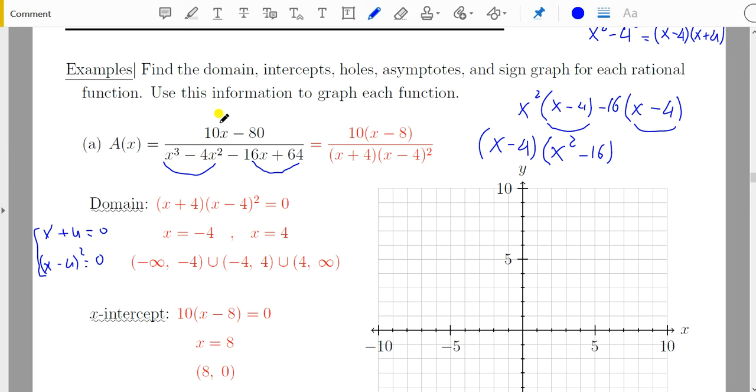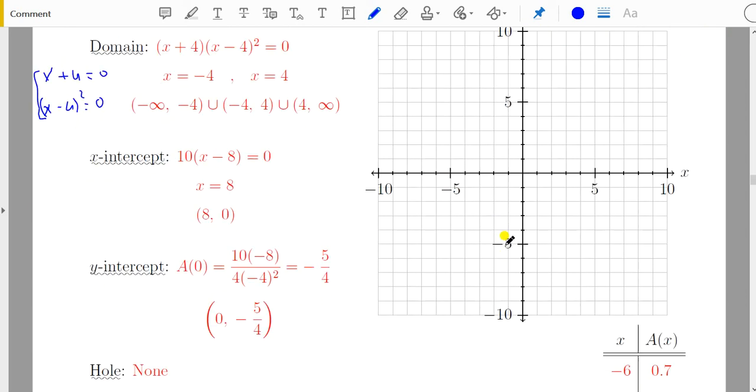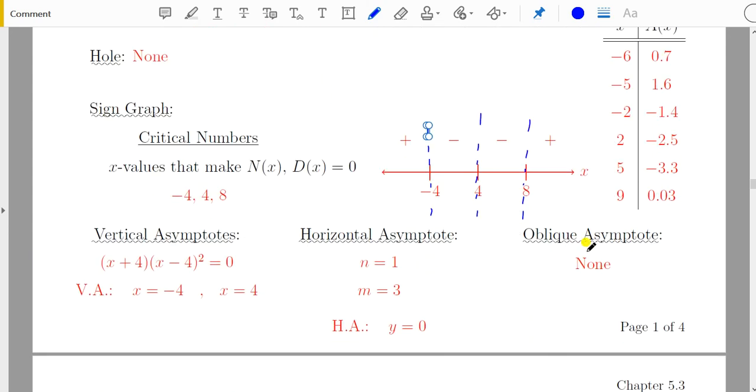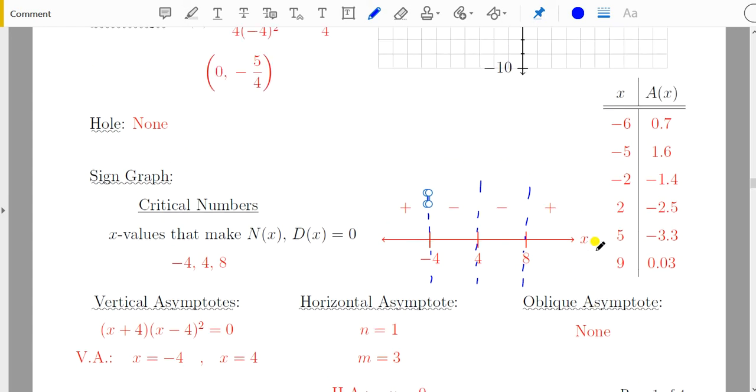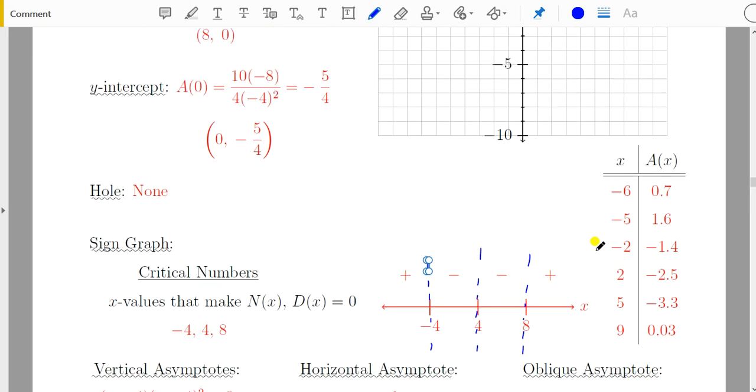If the degree of the numerator is bigger than the denominator, then we can use long division to find the slant asymptote as in the last section. But in this case, it's not, so we don't have any. None.